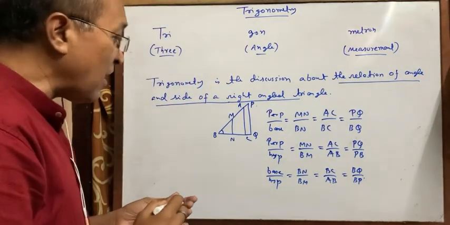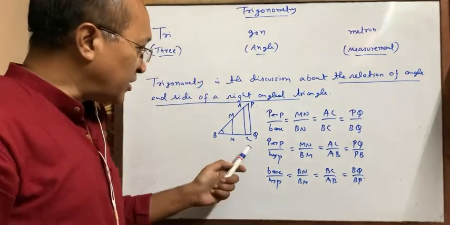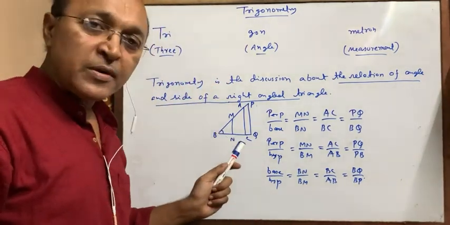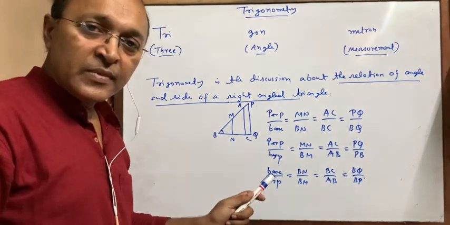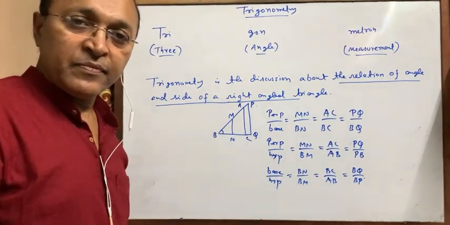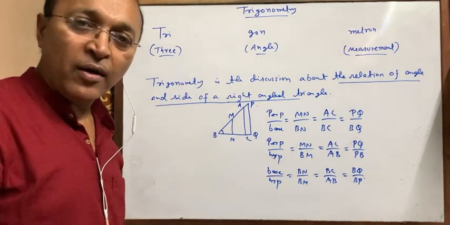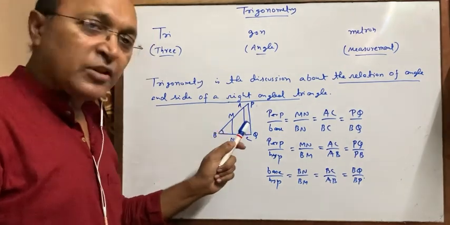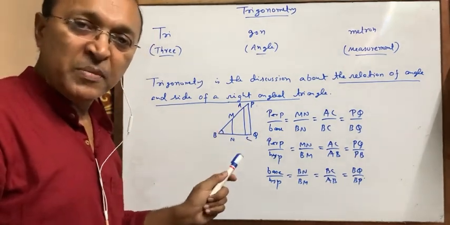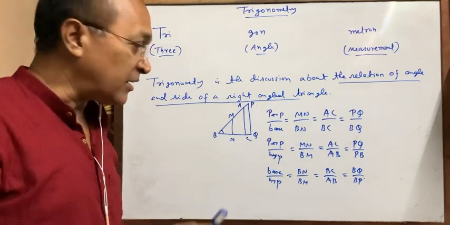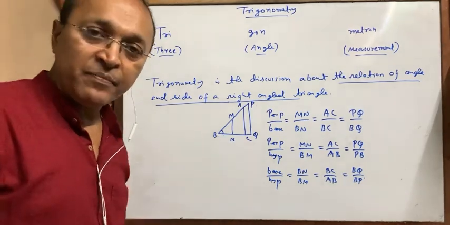Okay. Here also it will be found that the ratio of base and hypotenuse is the same in all the cases. Here also the ratio doesn't depend on the size or the length of the perpendicular, base, hypotenuse, etc. It depends on the angle.